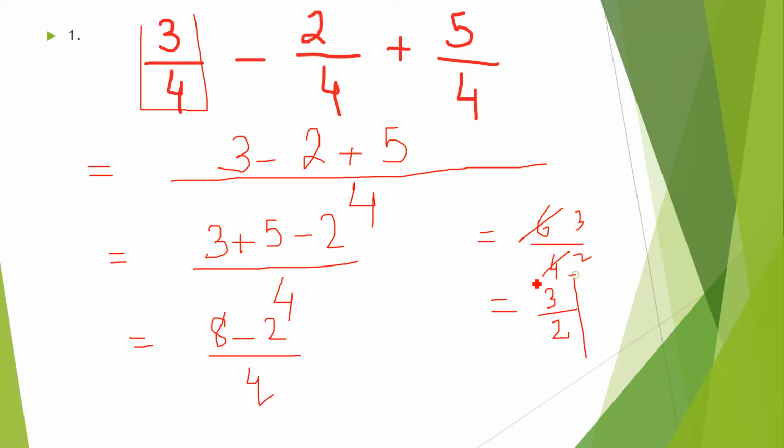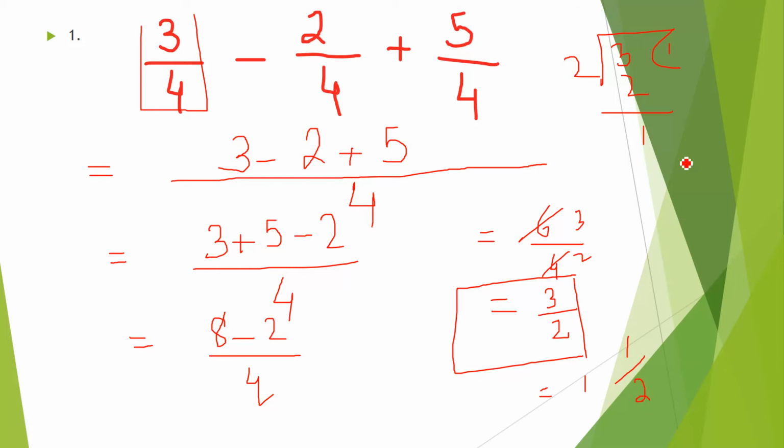And our answer is improper. Numerator is greater than denominator, and I told you that if it is improper, we can convert it to a mixed fraction. How? Just write down 3, and we have to divide 3 by 2, so it will be 2 1 times 2. So the answer is 1 whole number 1 over 2.